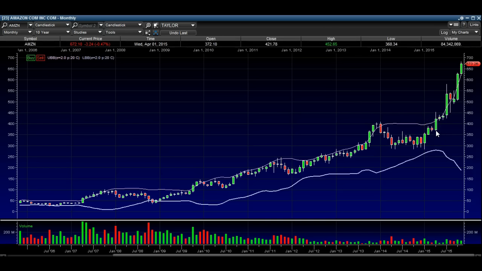It's probably around 450 or so right now. As time progresses, that middle Bollinger Band will be even higher. It might even eventually match up with that 540 level that I mentioned.